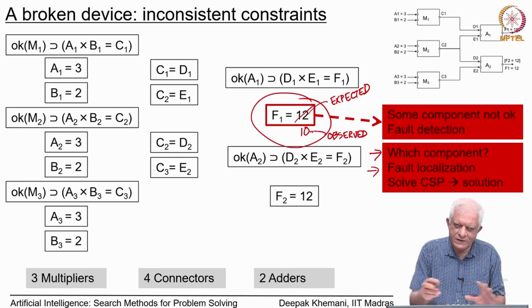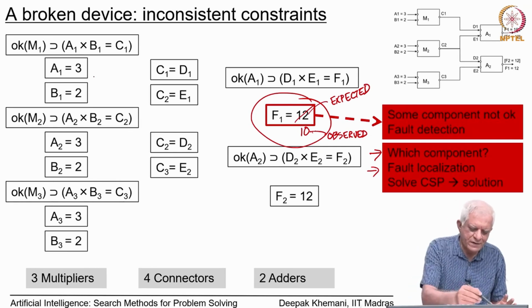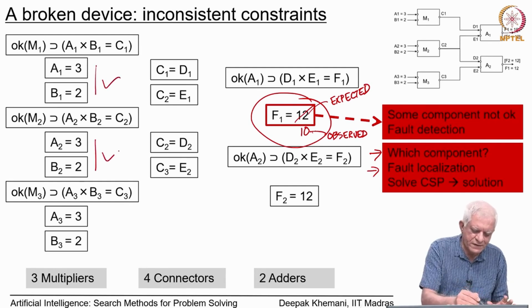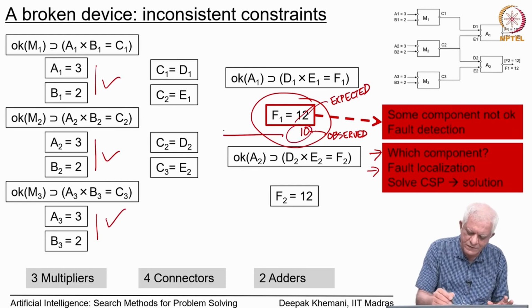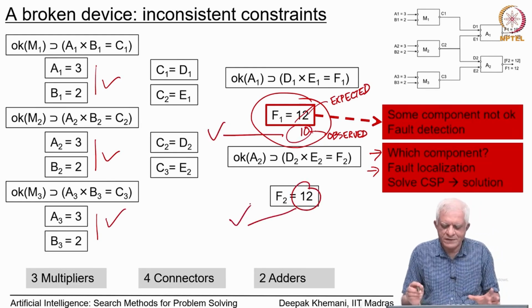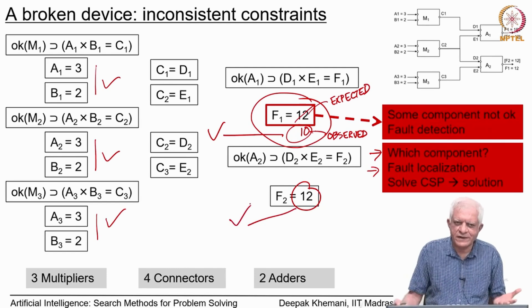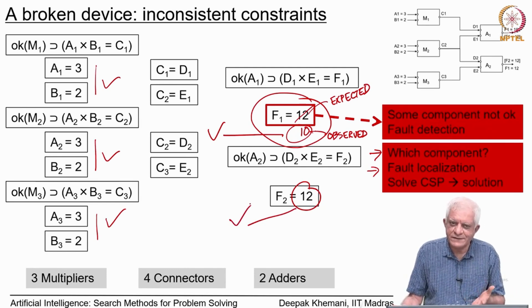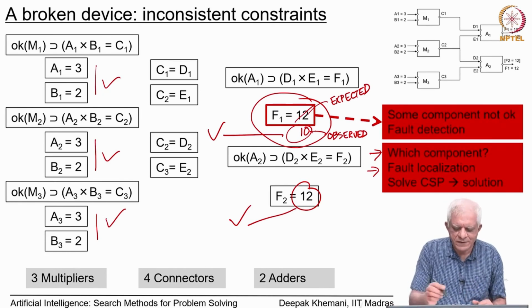Where everything is given to us essentially. The 6 inputs are given to us, the observed values are given to us. So, this is also observed, and now we want to say that give us a solution for this CSP. What can change? The only thing that can change is those OK statements.